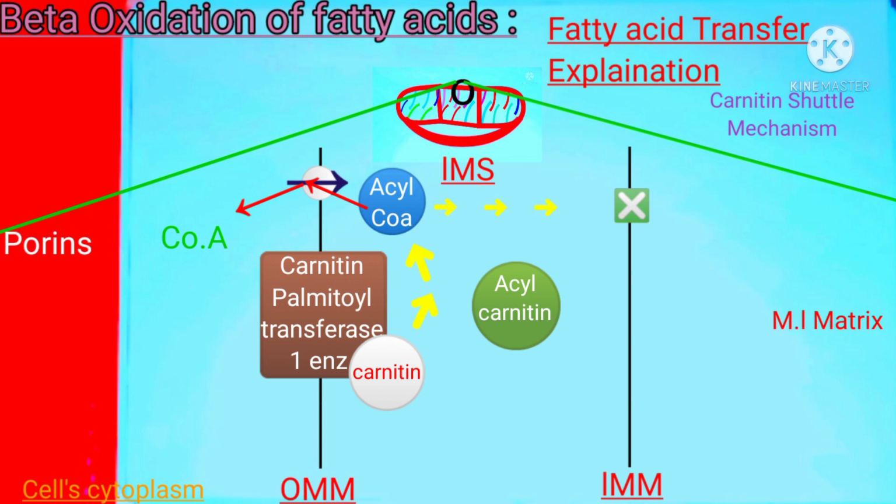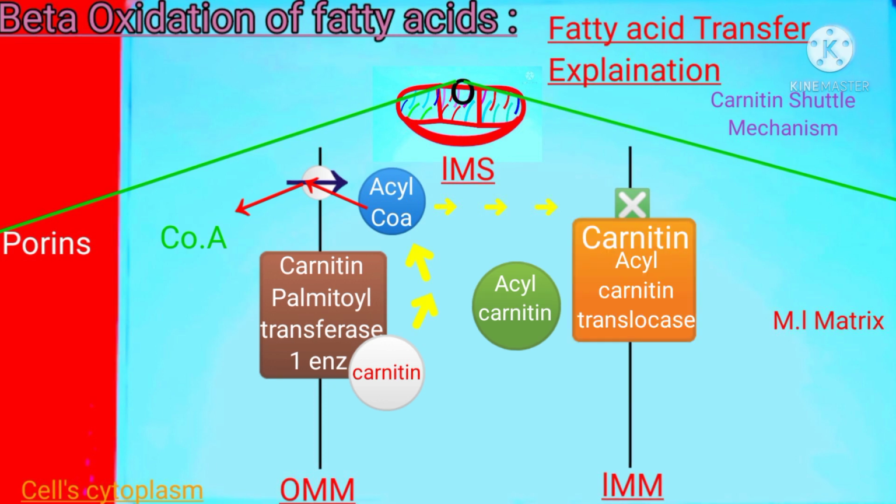During the next step, the enzyme acyl carnitine translocase that is present in the inner mitochondrial membrane takes this acyl carnitine into the mitochondrial matrix.